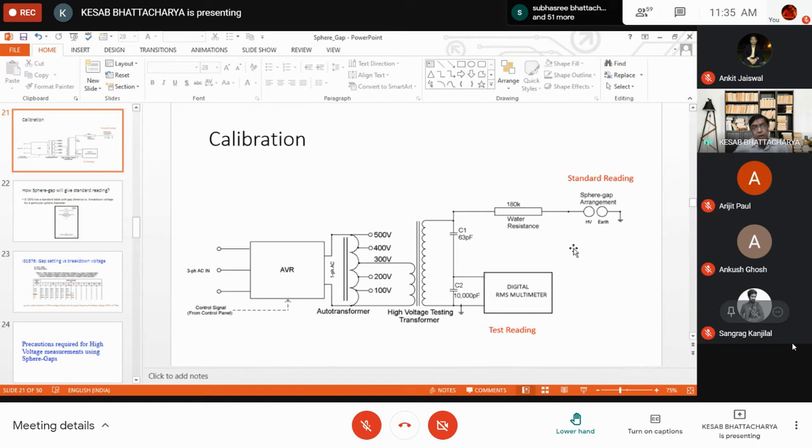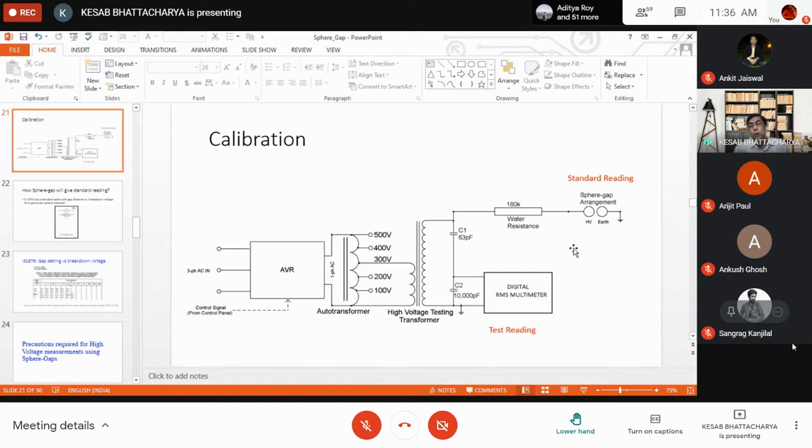That is, in other words, in order to restrict the high current when the two spheres are shorted in the event of breaking down or ionization of air between the two spheres.